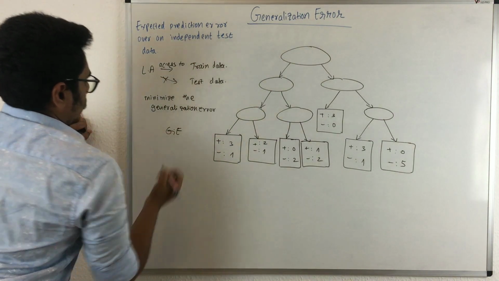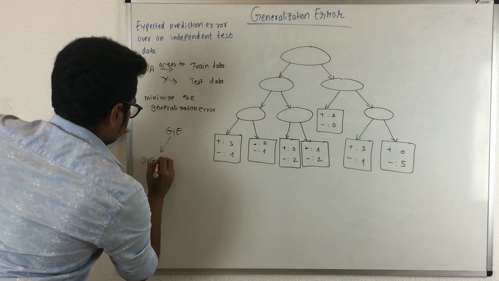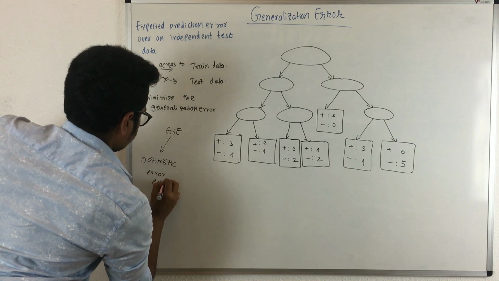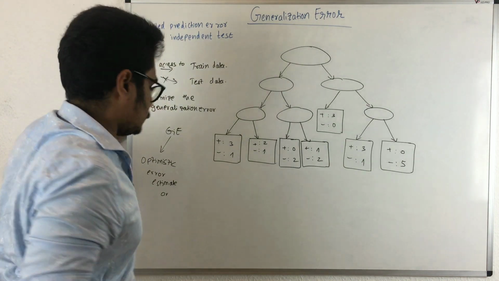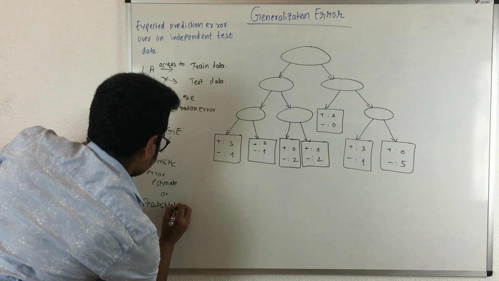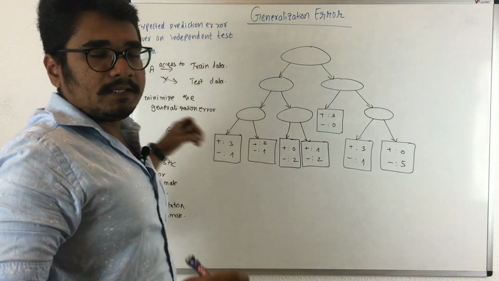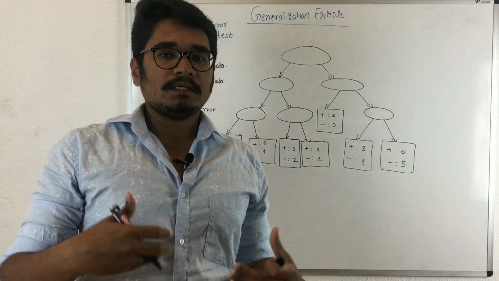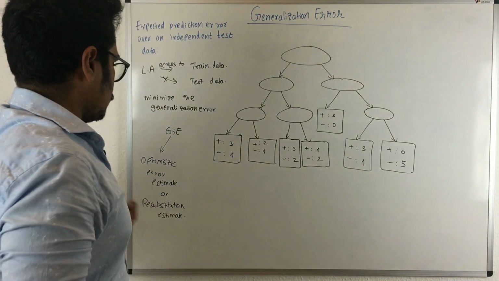The very first technique is the optimistic error estimate, also called the resubstitution error estimate. This is the error generally seen on the decision tree, that we try to focus on, and thus we get the resubstitution error or the optimistic error.